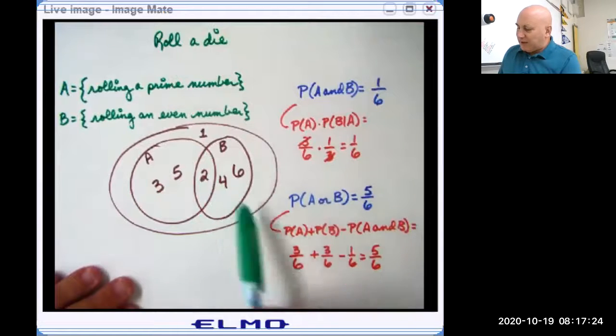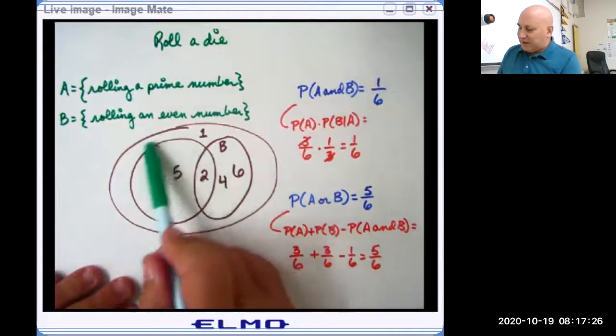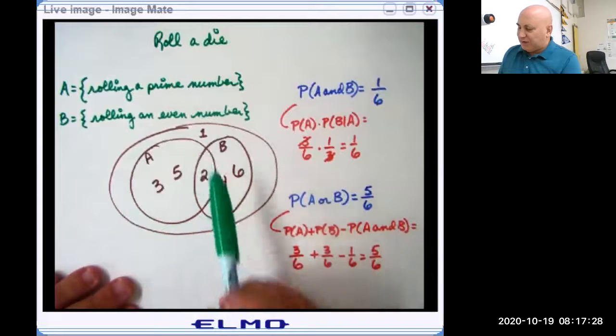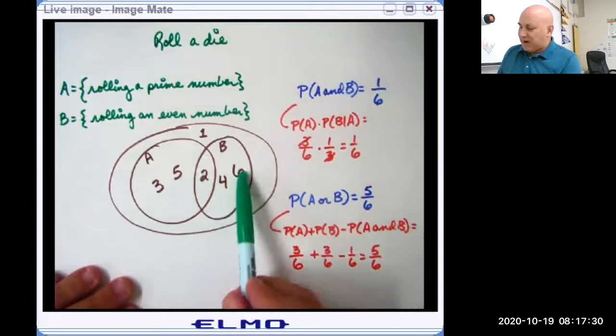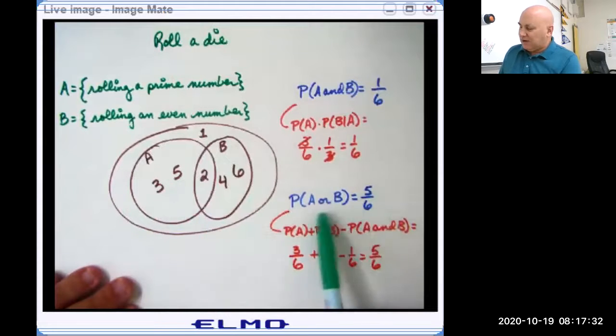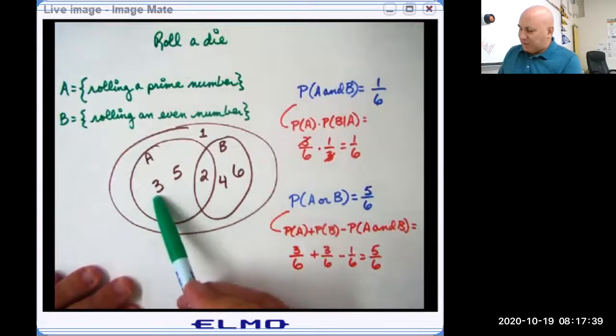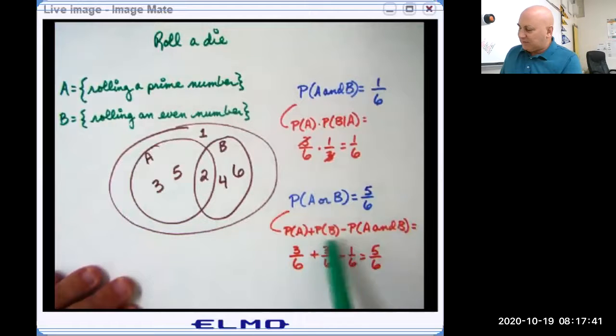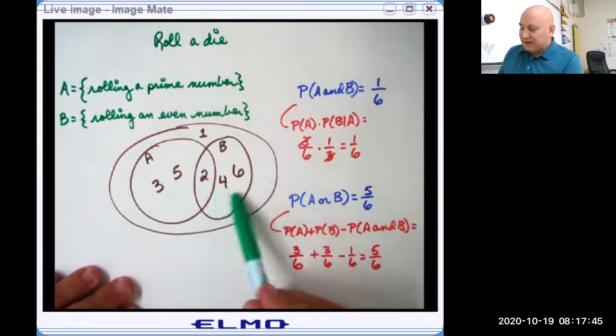Probability of A or B. A or B is anything within this figure 8 shape. 1, 2, 3, 4, 5 out of 6. Now that's an OR, so that should be the addition rule. So it's the probability of A, which is 3 out of 6, plus the probability of B, which is also 3 out of 6.